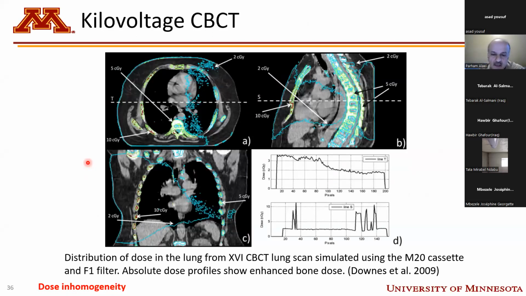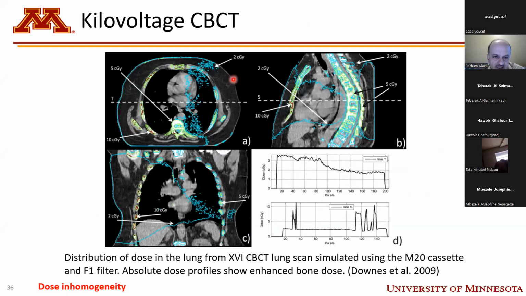Kilovoltage cone beam, if it's a full arc, is different than a half arc or partial arc. But on top of that, we get increased absorption in the bone. So this is a Monte Carlo study done by Spezi. I believe it was some XPI unit, and it actually shows enhanced dose absorption inside the rib cage, up to 10 centigray. This is for one imaging session.